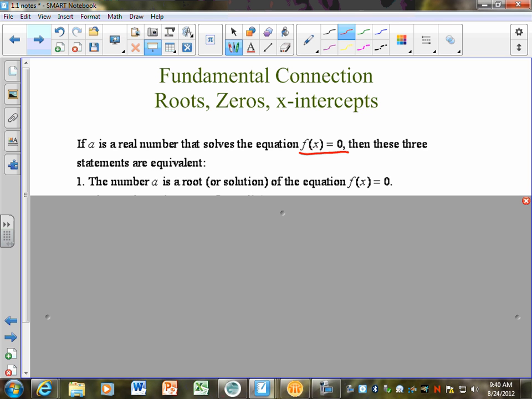So they're saying a is a number that solves this. That means your answer is a root or a solution. Those are interchangeable words of that function. Probably you could just write it is a root or a solution if you don't want to write the full sentence.